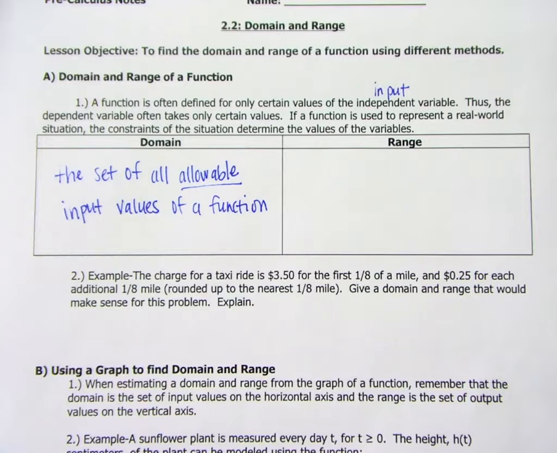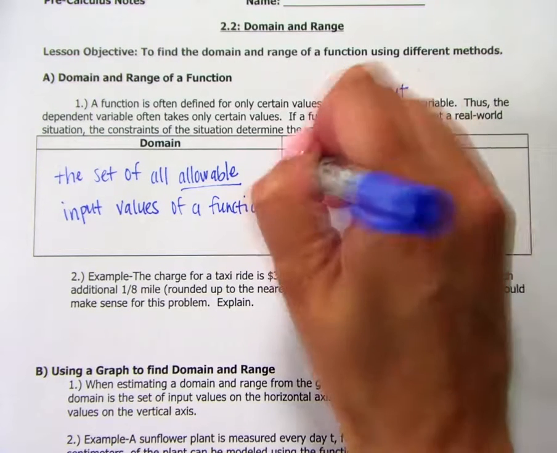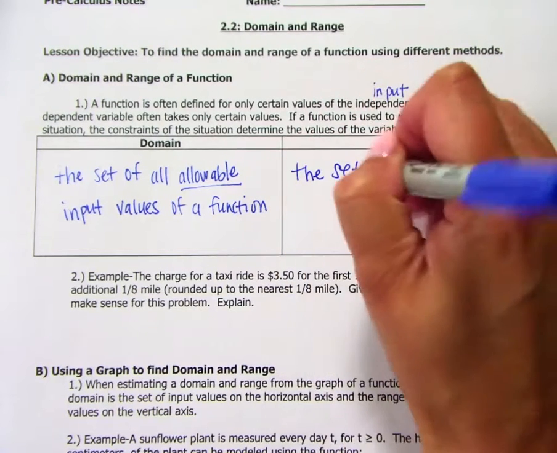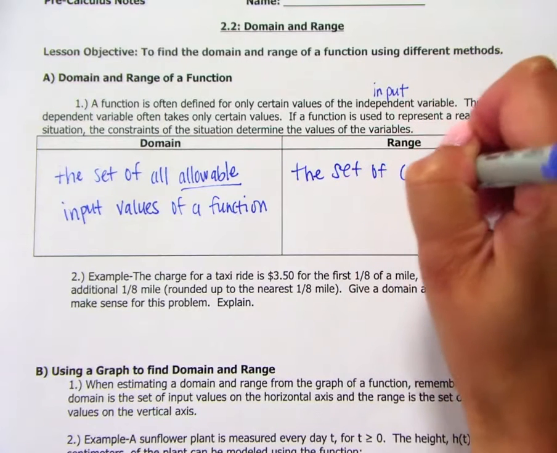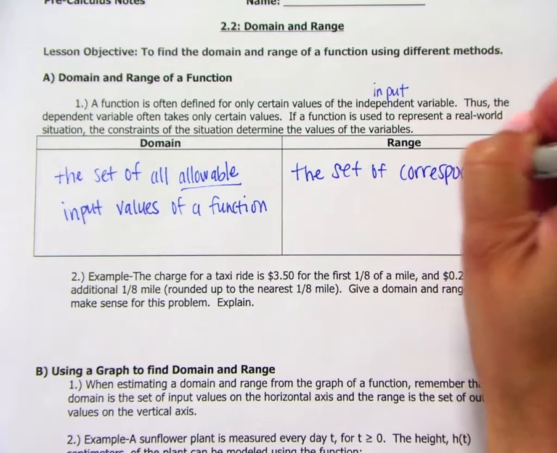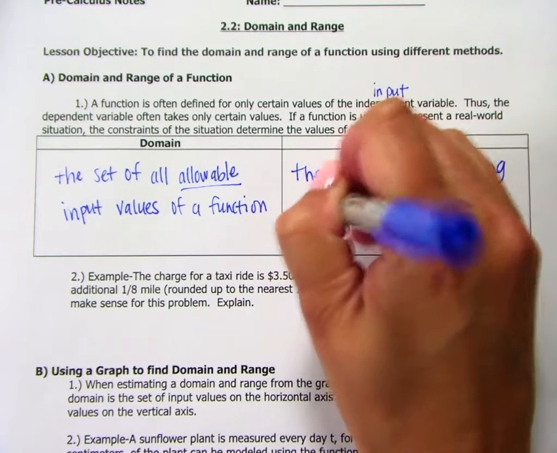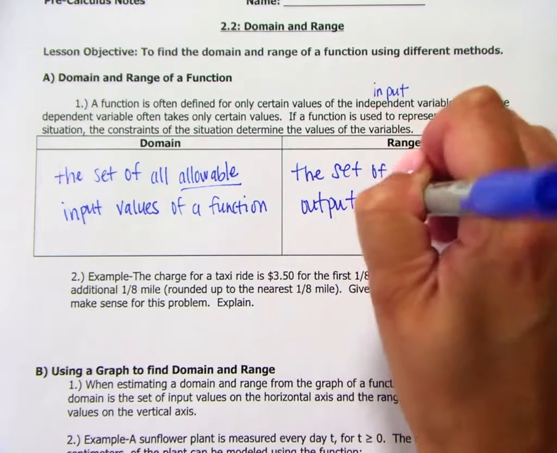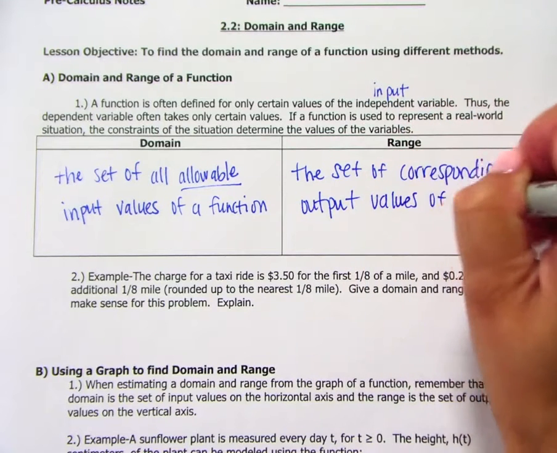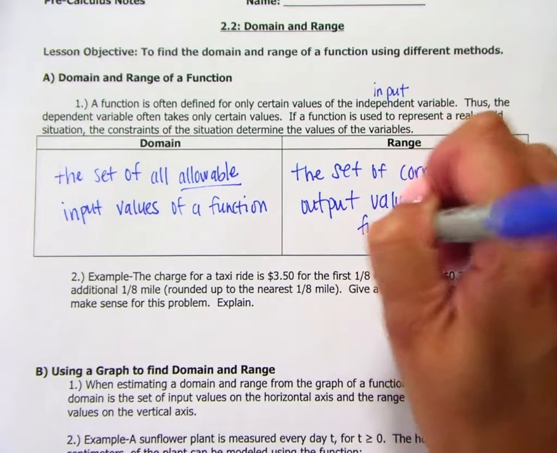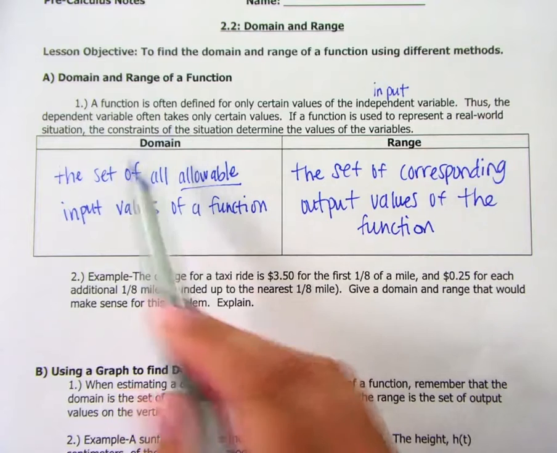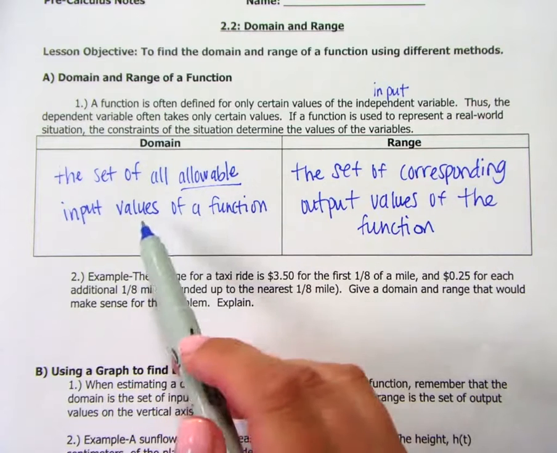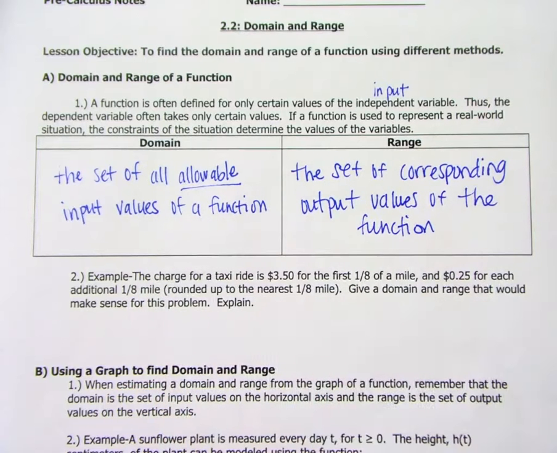So it's going to be different for everyone. The range then is the set of corresponding output values of that function. Okay, so domain is associated with the allowable input values. The range is then the corresponding output values.